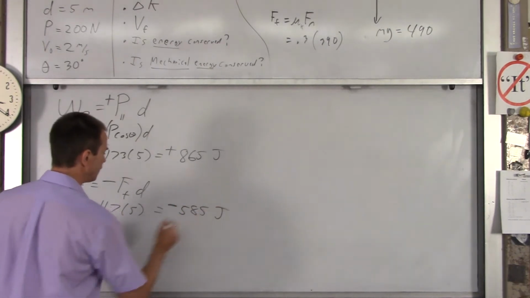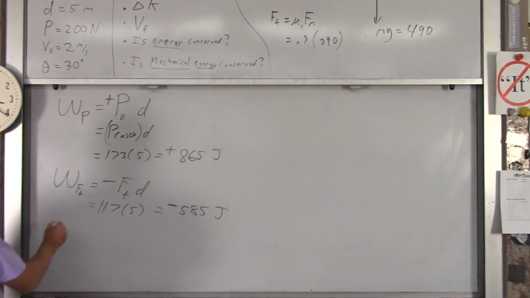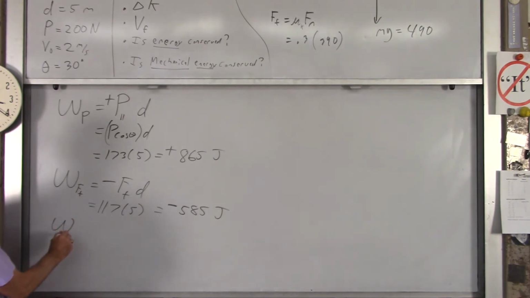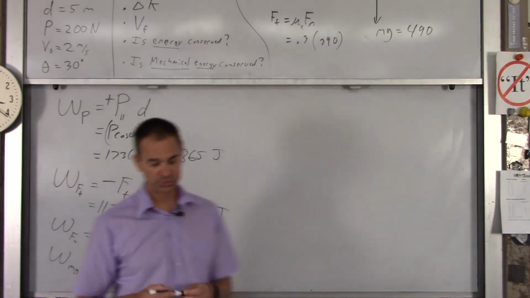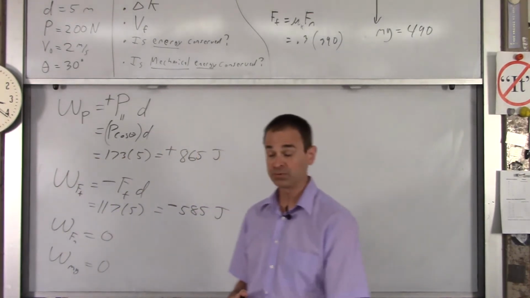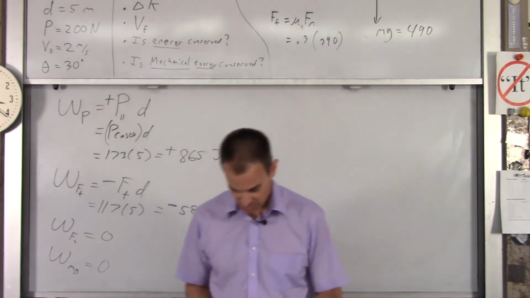Those are the only two forces doing work. The work done by the normal force is 0, and the work done by mg is 0. Those are 0 because both those forces are perpendicular to the motion of the box. They'll do no work.